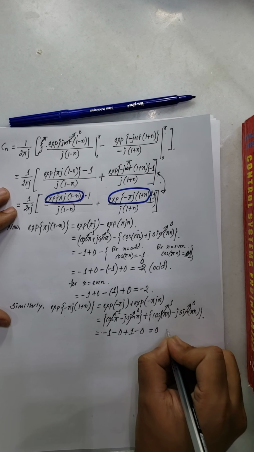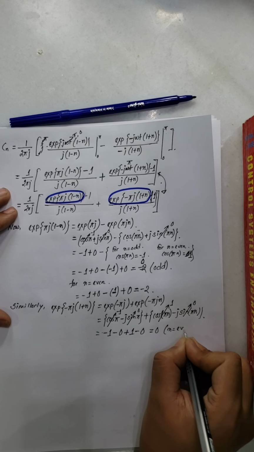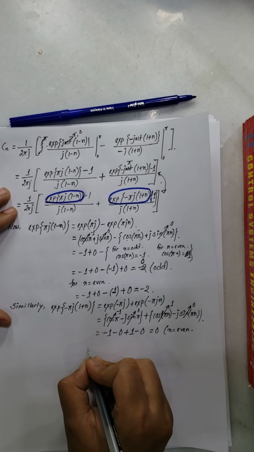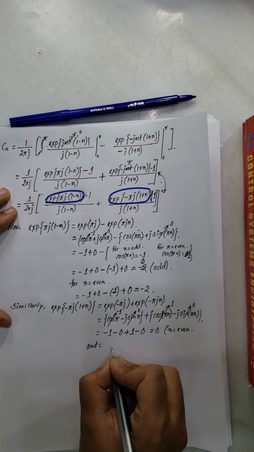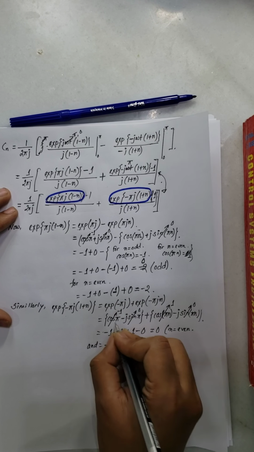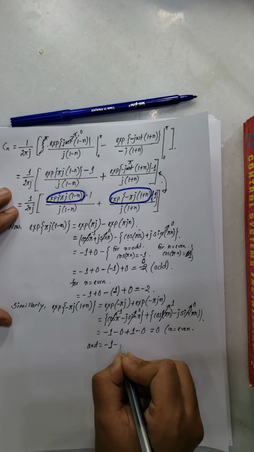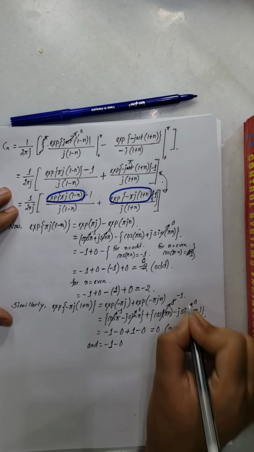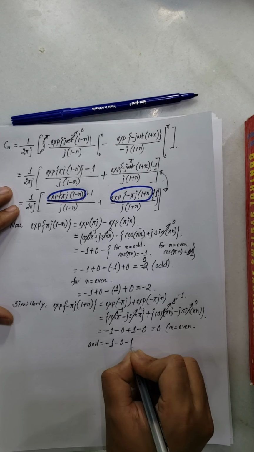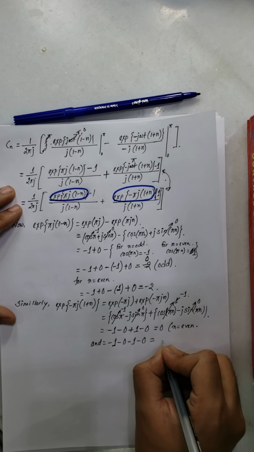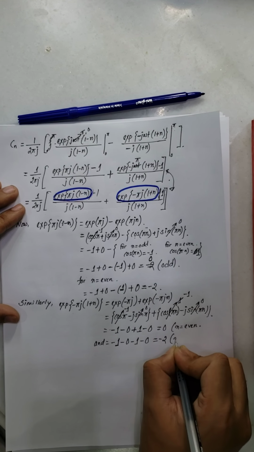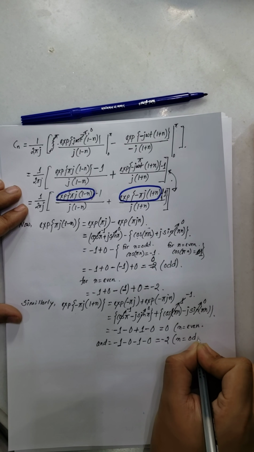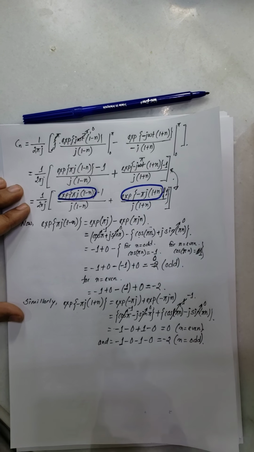So it becomes 0 for n equals even, and for n equals odd, this too remains as it was, minus 0. This term in turn becomes minus 1. So here we get minus 1 minus 0, and the result is minus 2, solving for n when it is odd.